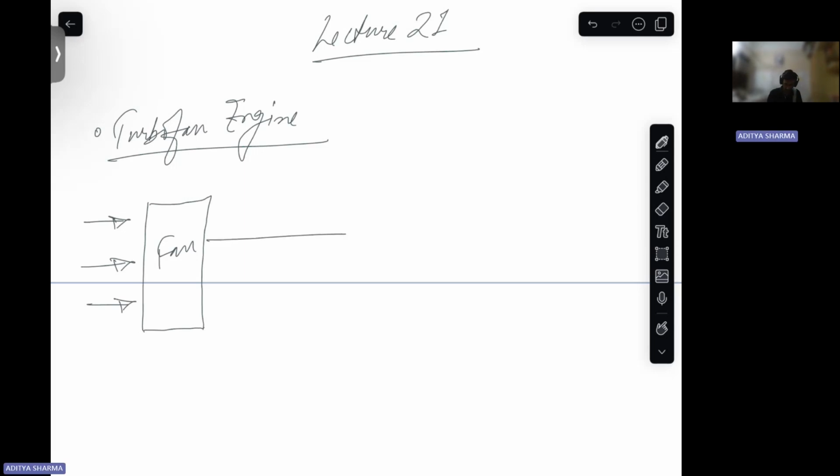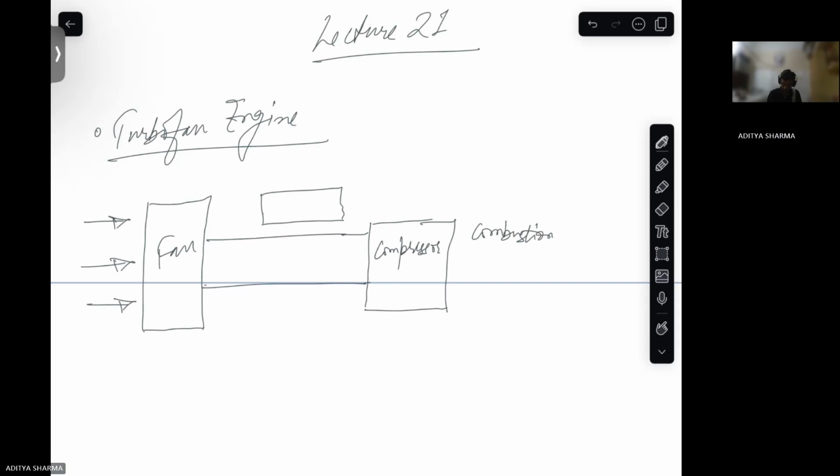Then some section of this air is bypassed. That is, it will not pass through your compressor, your combustion chamber. And for this, we will have a bypass ratio also.